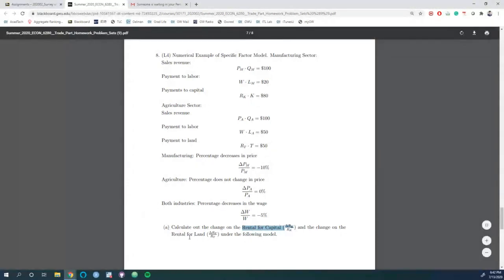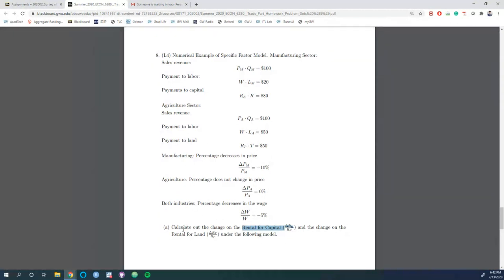And the rental for land, you could just treat it as a rent. If you want to use land to grow some crops, you have to pay rent to the landowner, right? And this is all the information we have.